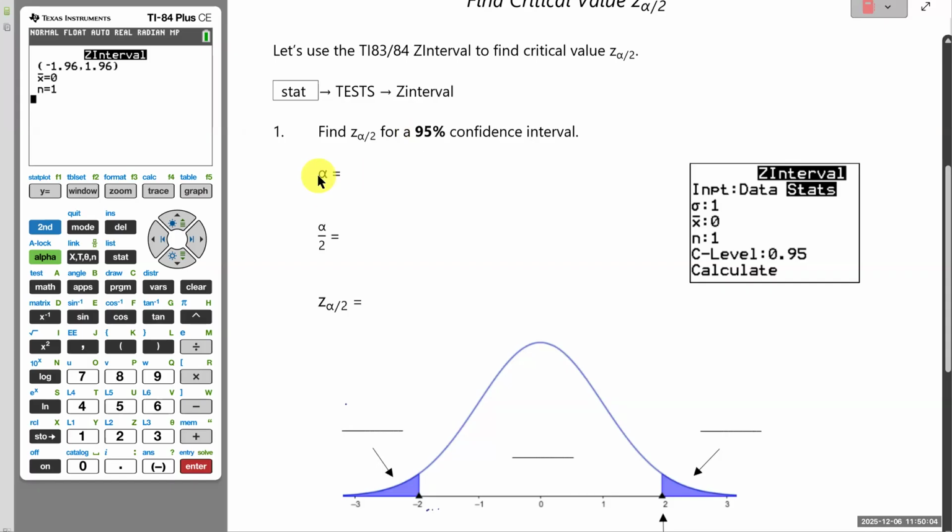So alpha will be 1 minus the confidence level, and we'll work in decimal here. So 1 minus 0.95 leaves me 0.05. I will be working in decimal, but I wanted to write that as a percent here. Again, these are complements together, 95 and 5% would add up to 100%, or in decimal 1.